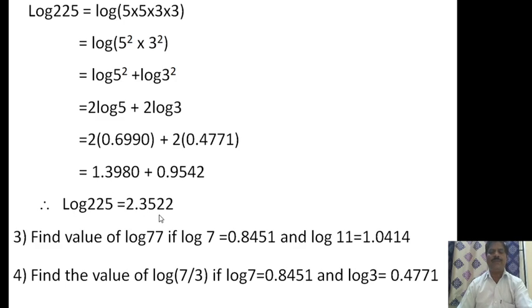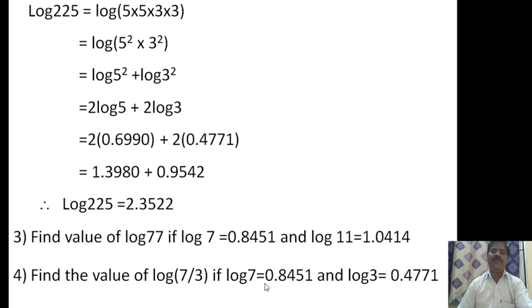This is the value. And similarly, calculate the value of log 77. If log 7 and log 11 are given, from that you can calculate. This is the homework for you. Again, find the value of log 7 by 3.